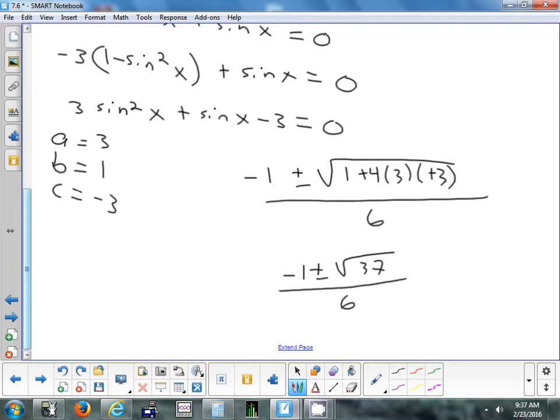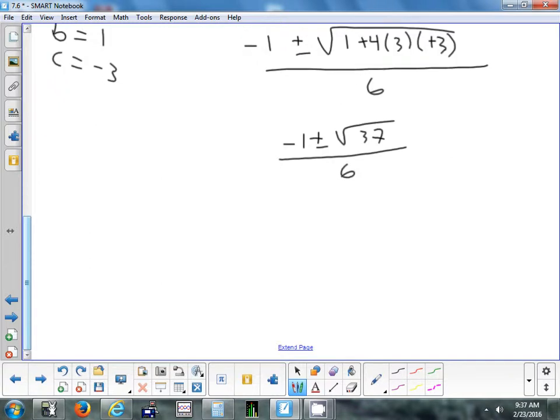So here are my two answers. And now, did I just solve for x? No, what did I solve for? I solved for what was right there, sine x. So now I'm going to separate it into two equations. I'm going to write this as a decimal. I'd like to know what that is. So sine x equals, okay, and I'll do that out.